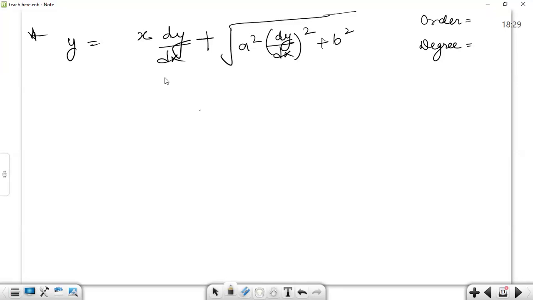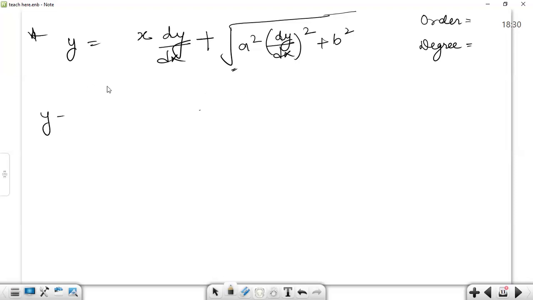Okay, so for this kind of equation, according to the rule we discussed earlier, the derivative should have a non-negative integer as its exponent. But what is happening here? There's a square root, so the power is a fraction, right? So we have to simplify it further.